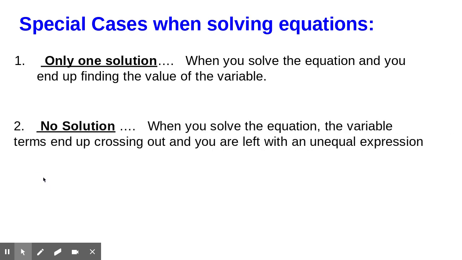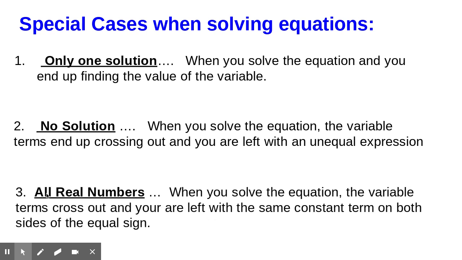A new case we're going to talk about today is where you end up having no solution. When you solve the equation, the variable terms end up crossing out. When you take the baby bear and mama bear, you're going to see that they're exactly the same and they cross out. What you are left with is an unequal statement, which doesn't make sense, which means that there's no solution.